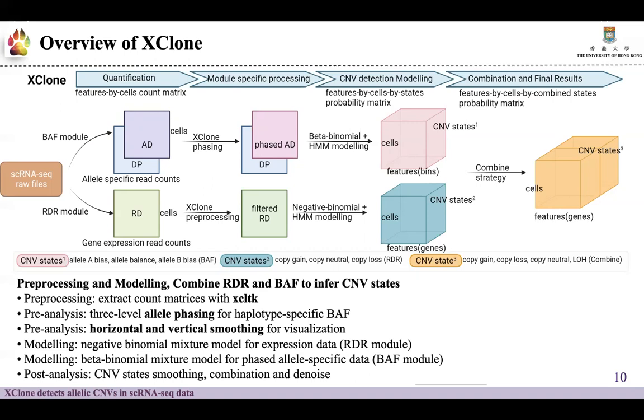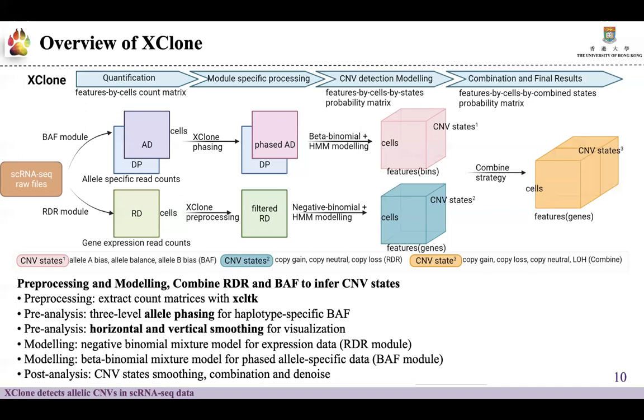The features are ordered by their genomic position and the cells by assigned cell barcode. We use negative binomial modeling for the read counts and beta binomial modeling for the 3-step phased B allele frequency. Then we integrate the information into an HMM framework for copy number variation state calling.